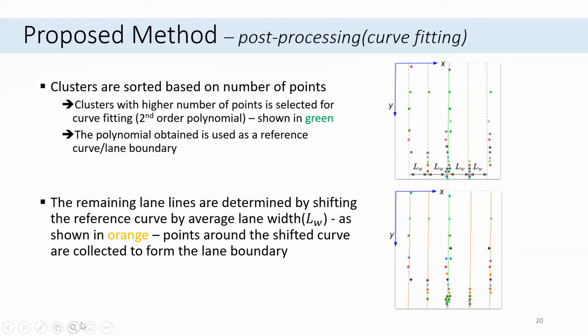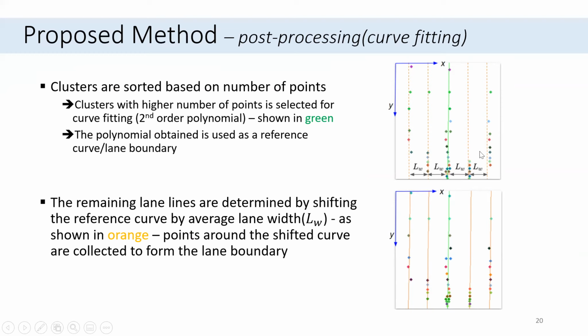We know that most lanes have fixed widths and lane boundaries are usually parallel. So using this assumption, we simply shift the reference curve, which is shown in green here, by an average lane width LW and search feature points around that region, as shown by these orange dotted lines.